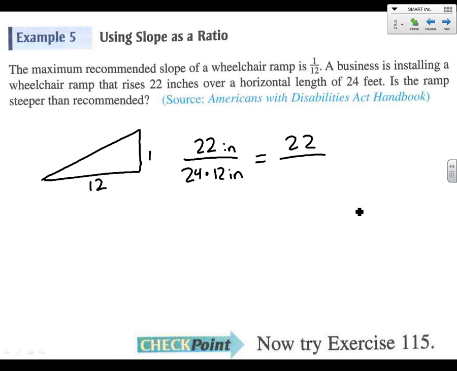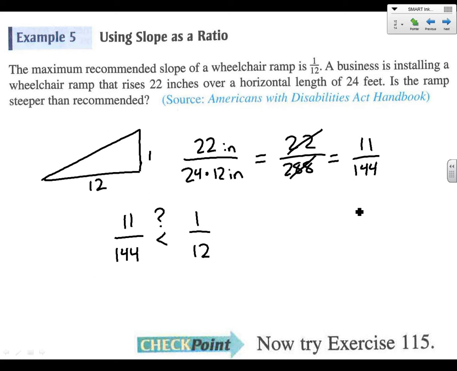24 times 12 is double 12 times 12, so 144 times 2, so 288. Now I'm seeing both are even, so 11 over 144. Can I go any further than that? I don't believe so. We need to make sure that this is smaller than 1 over 12.